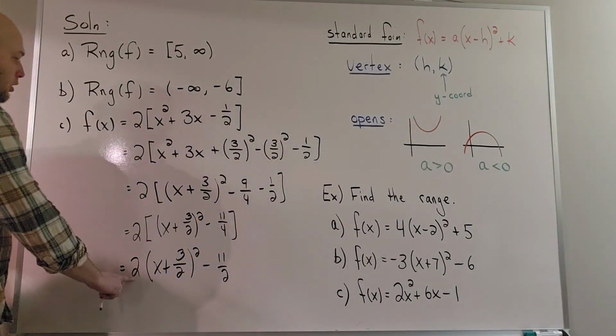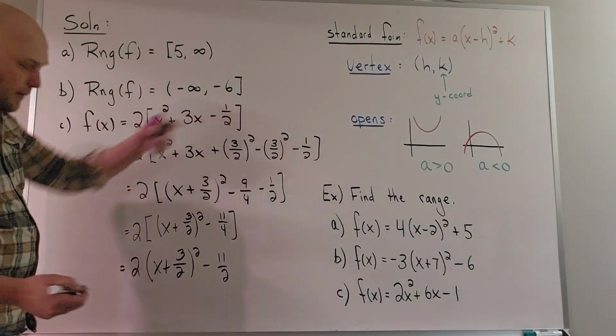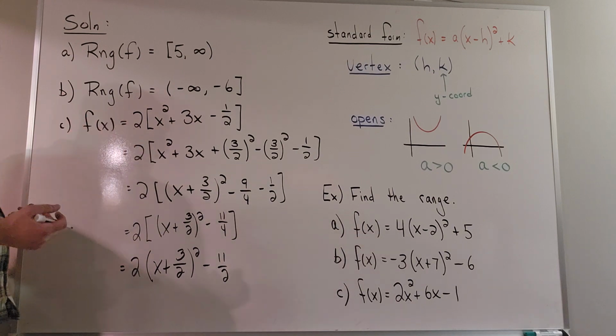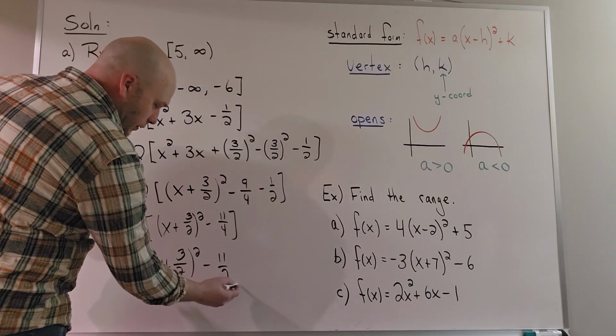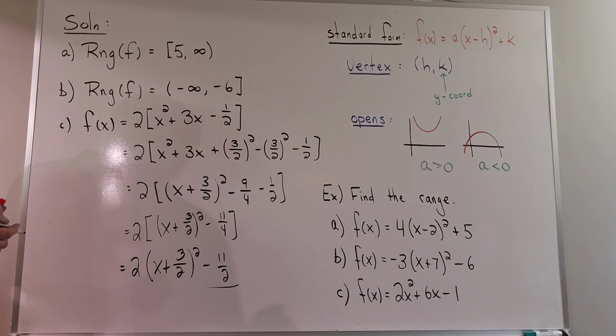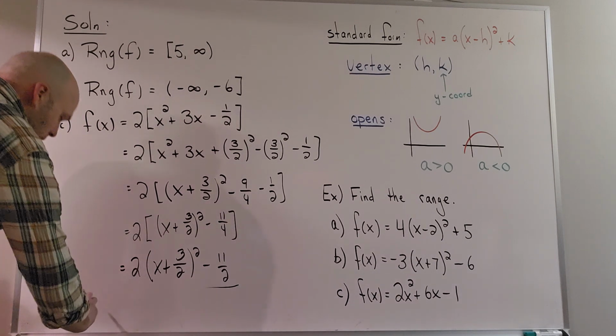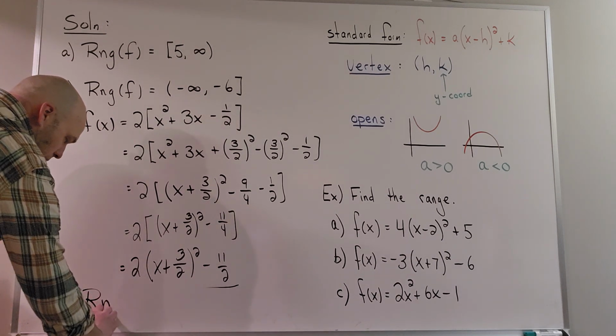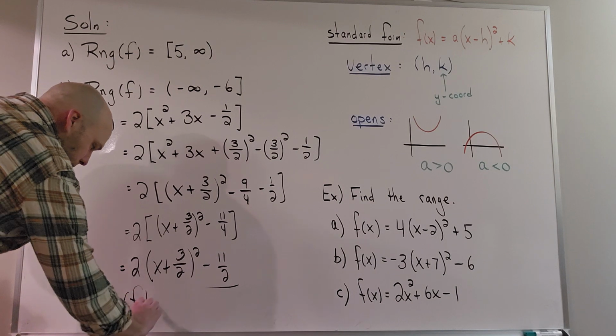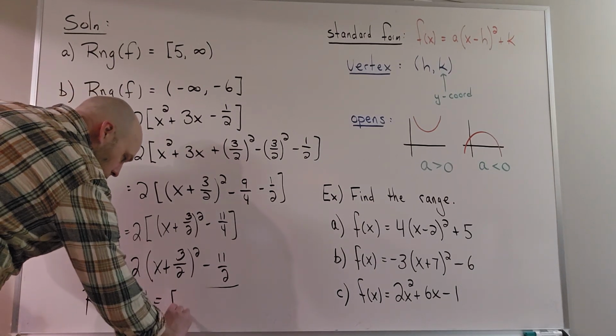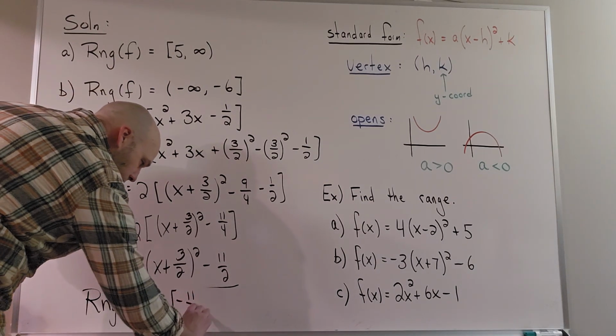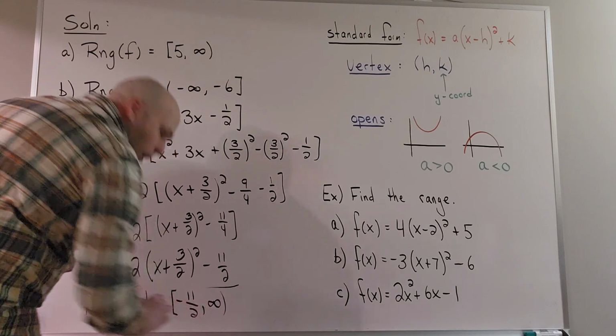Leading coefficient is a 2. Of course, we knew that from the very beginning, meaning that it opens upwards. And then I have the y value of negative 11/2. Therefore, for part C, the range of this quadratic would be including negative 11/2 and then everything up to infinity.